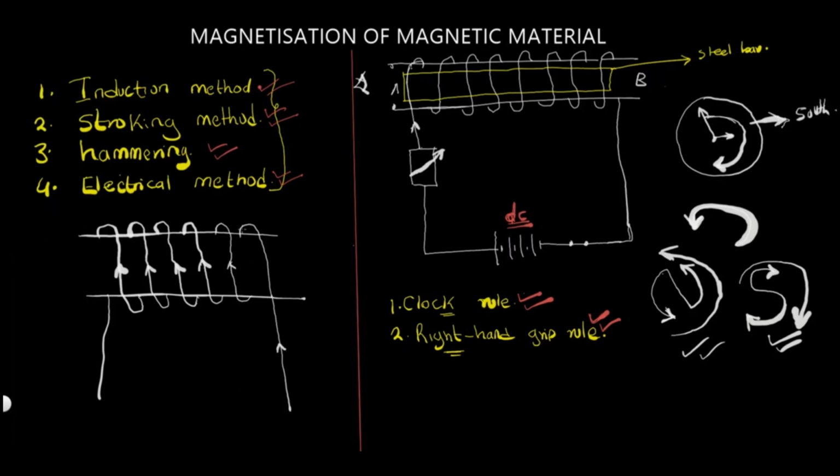You are supposed to grip this solenoid using your right hand. I can draw a sketch of how to grip. The thumb should lay like this, and then your other fingers should grab from the top like this.